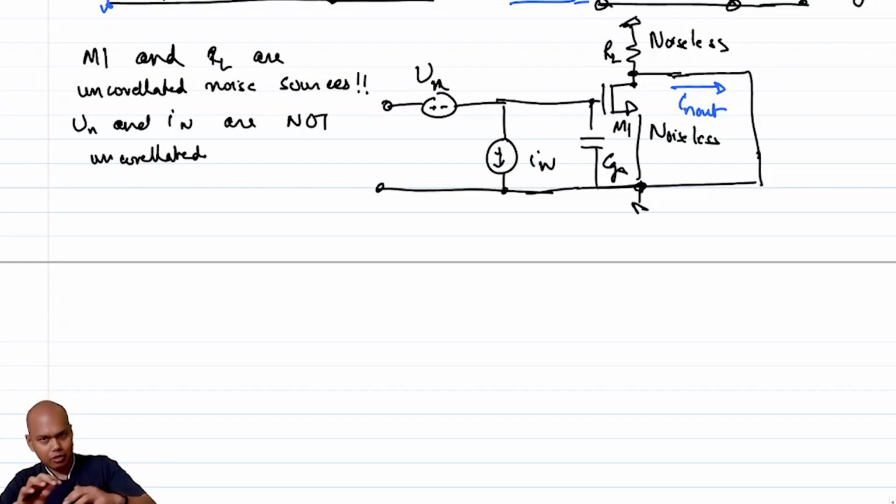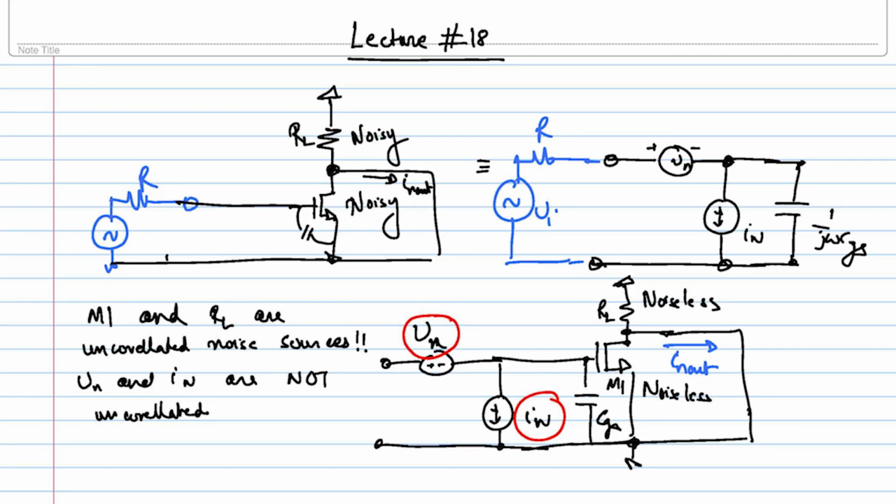While I'll treat these two subsets separately, the individual subcircuits will be used to get the equivalent VN and IN for either of them. So what happens if I am taking noise contribution from M1 into account only?